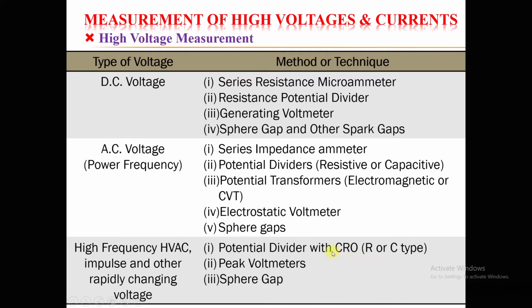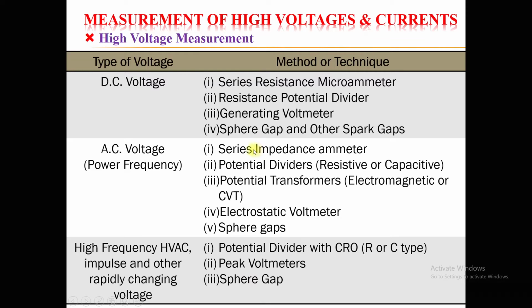That potential divider may be resistive type, capacitive type, or a combination of R and C, peak voltmeters and sphere gap. These are the methods through which you can measure the various types of voltages in high voltage laboratories. Based on their magnitudes you can determine the quality of insulation, and sometimes also predict its life.